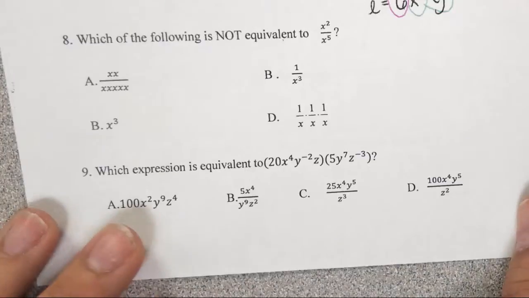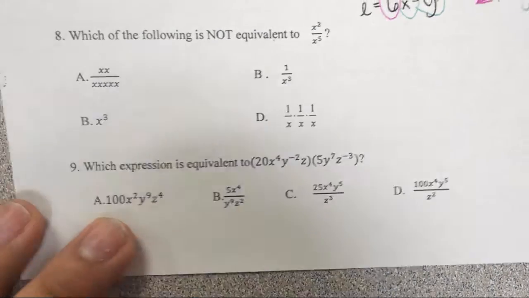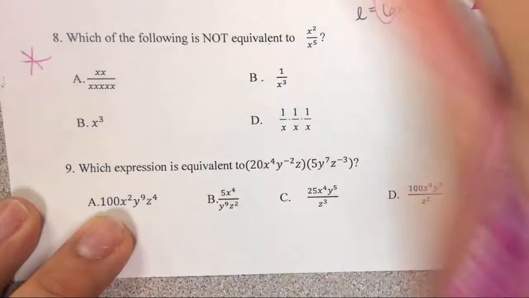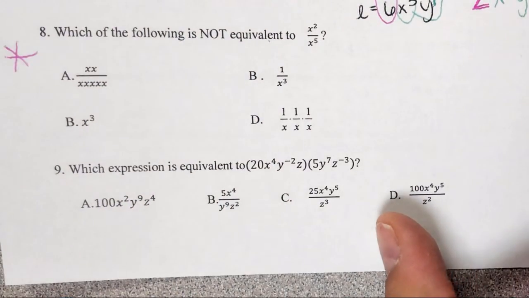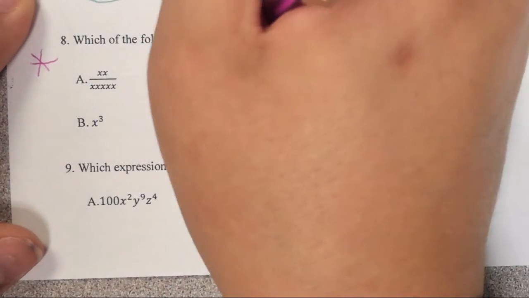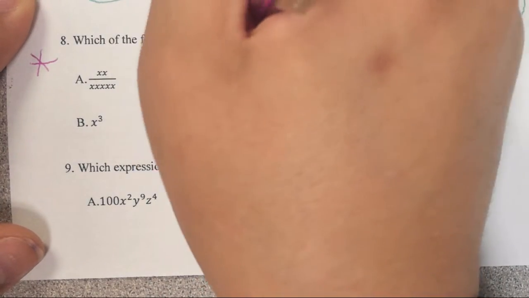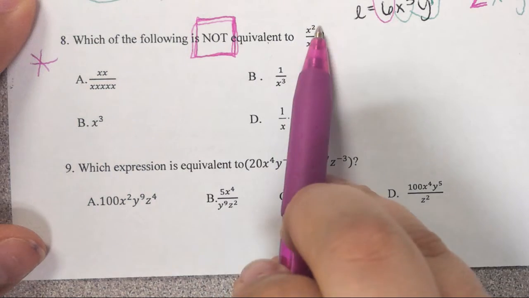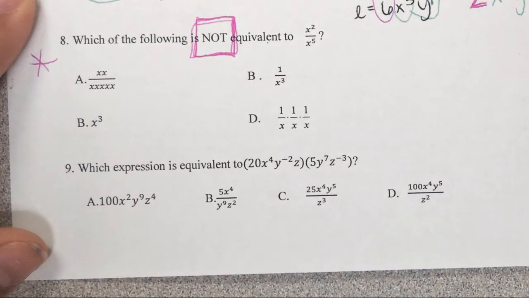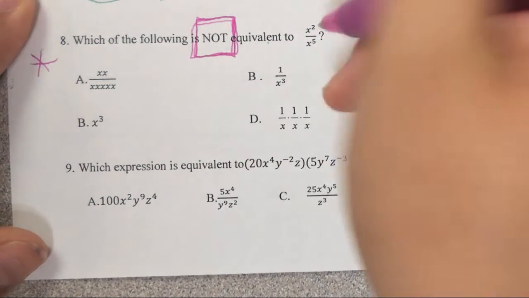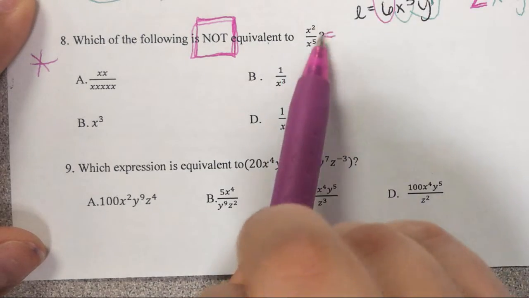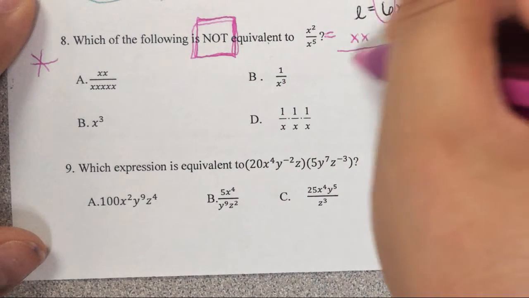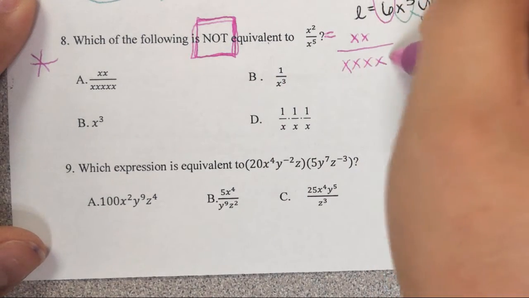Next one. Most missed question. One of the most missed questions. It says, which of the following is not equivalent? If I have x to the 2 over x to the 5, I have 2 x's up top and 5 x's on bottom.